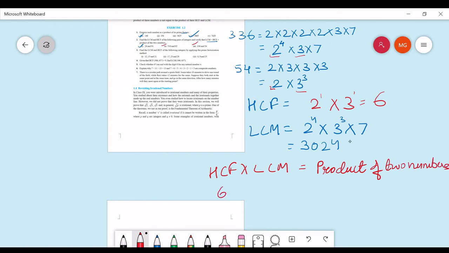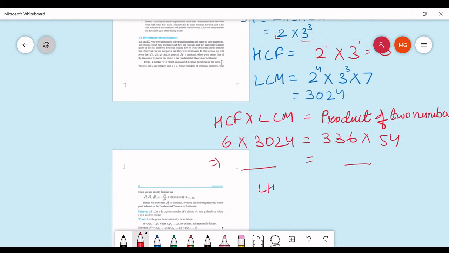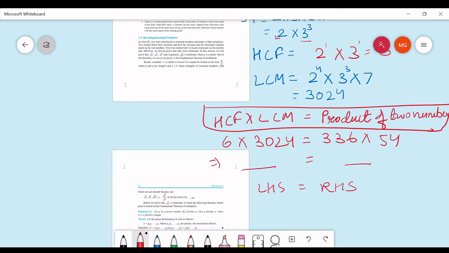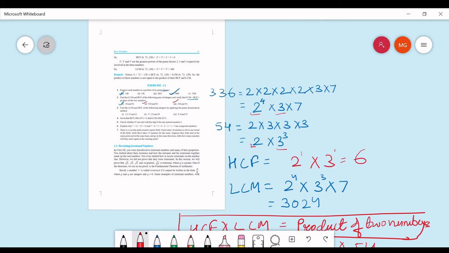So your HCF was 6, then 3024 and 336 multiplied by 54. Again you will be getting some value here, and your LHS equals RHS, and hence you have proved this. Okay, so this was for question number 2. So you will be doing question number 2, part 2 on your own, right?